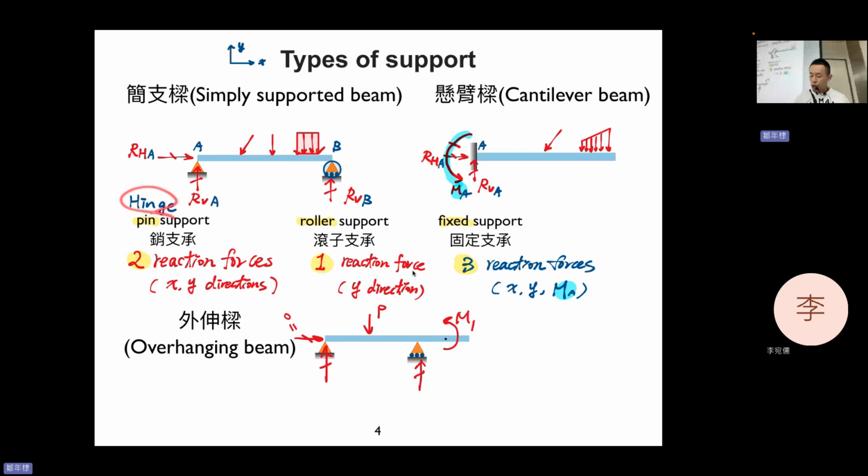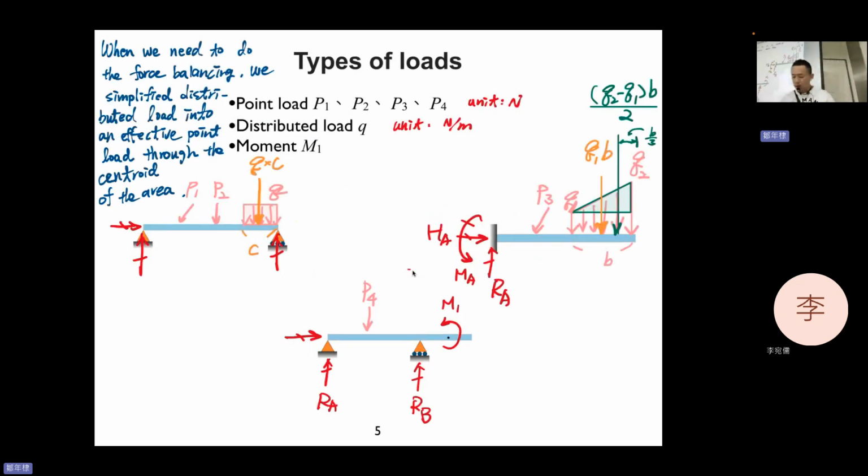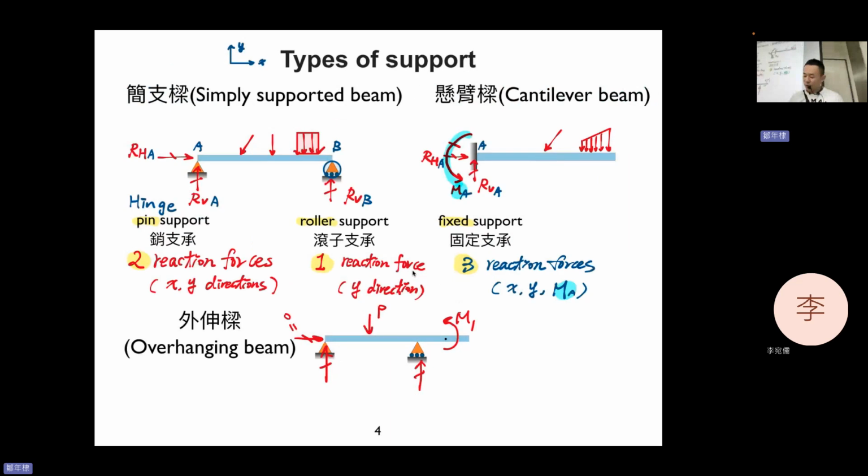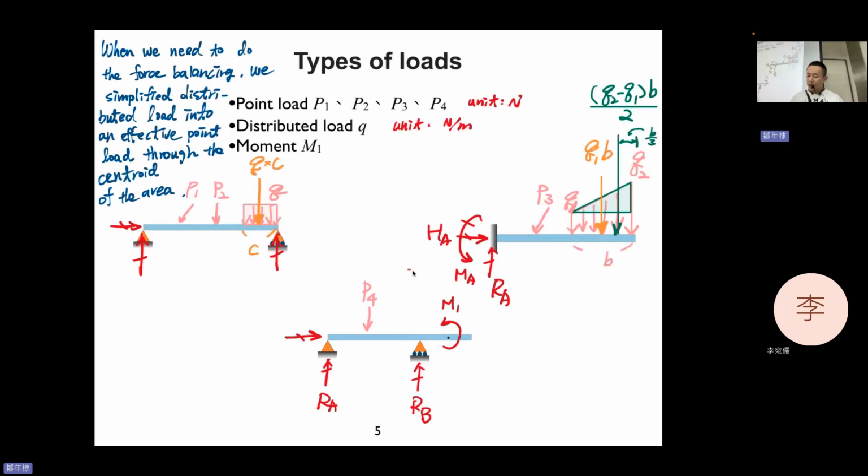A pin or hinge has 2 reaction forces. Roller has 1 reaction force. Fixed support has 3 reactions, 2 of them are forces and 1 of them is a moment. And types of load: point load, distributed load, and moment.